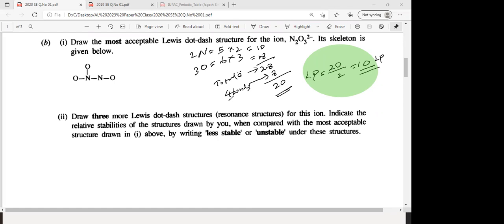Now those 10 lone pairs, first you have to distribute on the terminal atoms so that they will reach octet. Look at the screen now. I'll distribute these 10 lone pairs on the terminal atoms first. This one I put 3 pairs.